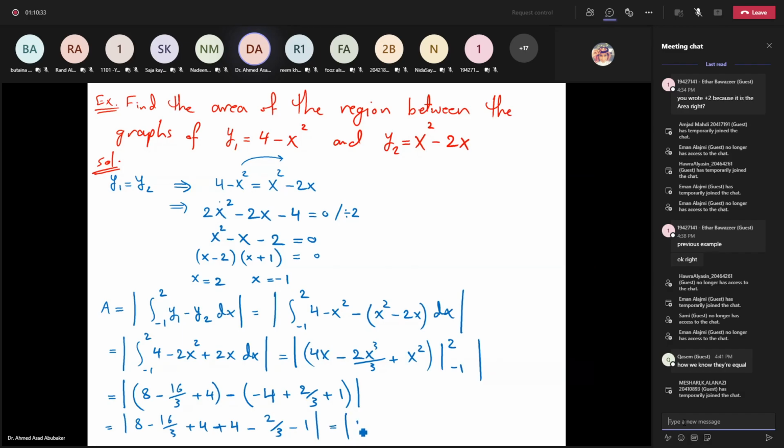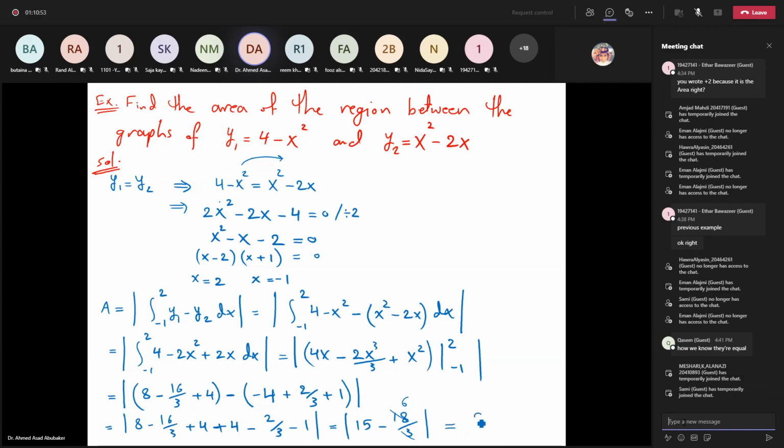And minus 16 over 3 minus 2 over 3 is minus 18 over 3. 18 over 3 is equal to 6. So we have 15 minus 6 equals 9. This is the area between the two curves.